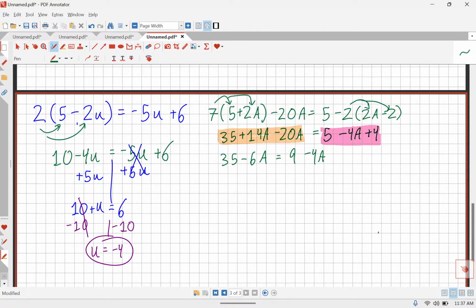Crystal, what would you do to solve this double-sided equation? Very good. And that leaves me with 35 minus 2a equals 9. That's a two-step equation. Crystal, take me home.